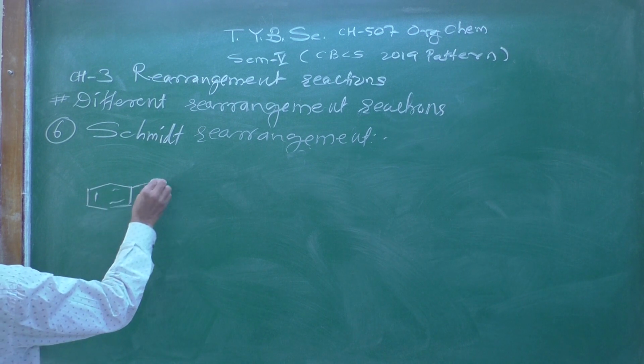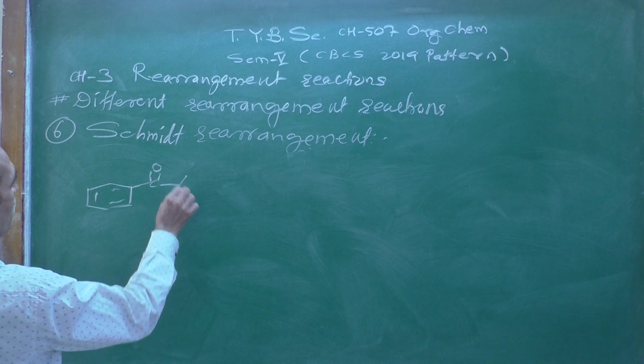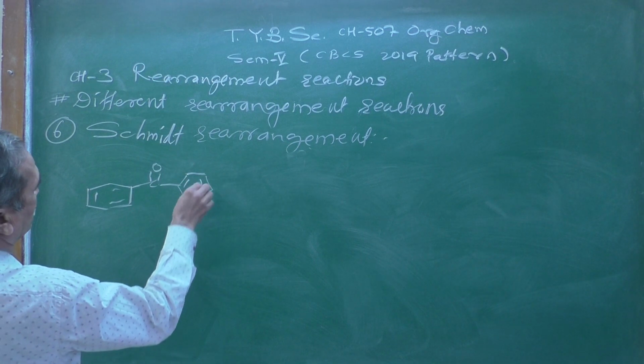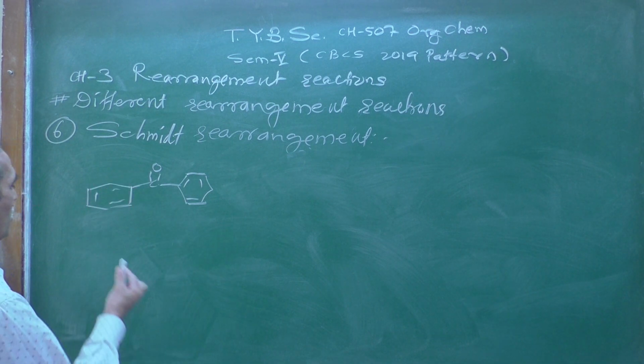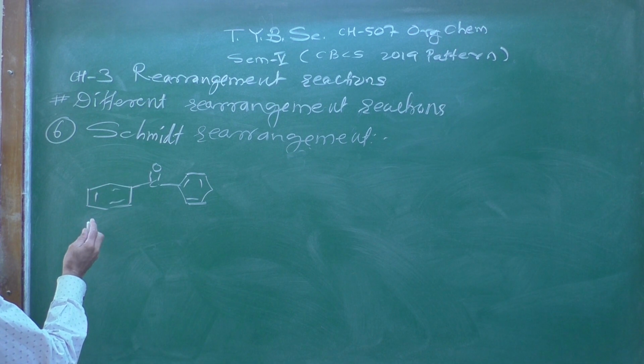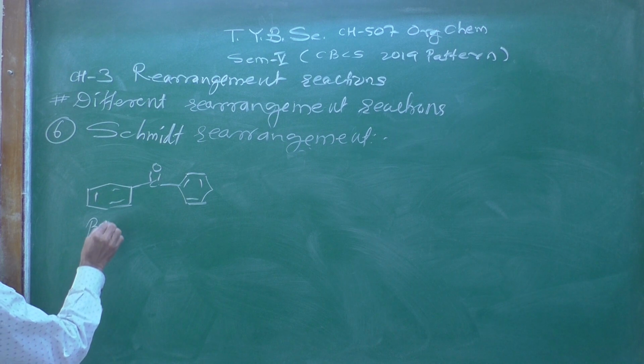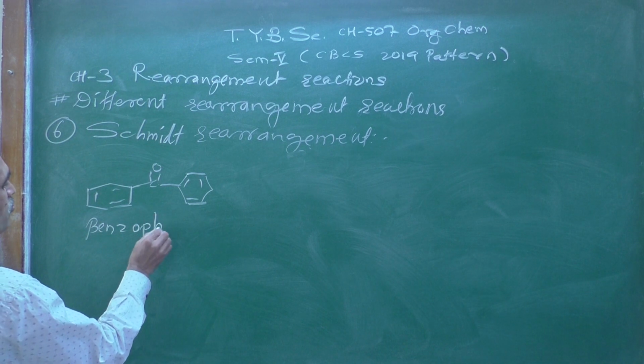This is the structure of benzophenone. I am writing here 2 benzene rings on both sides of the carbonyl compound, and therefore it is known as a benzophenone.